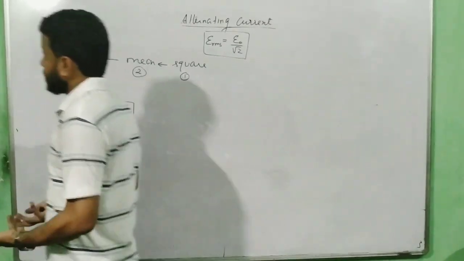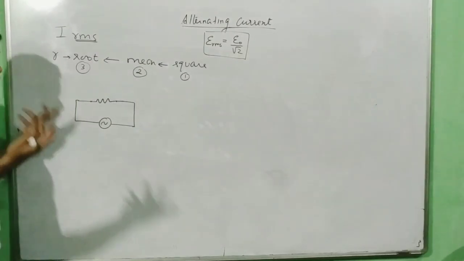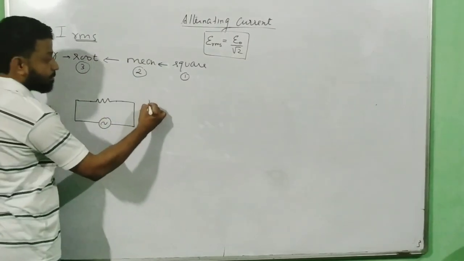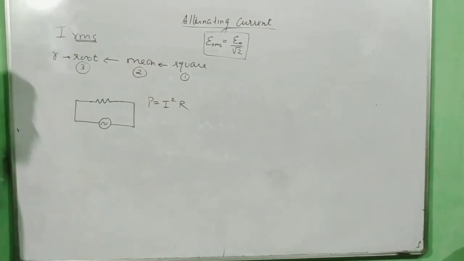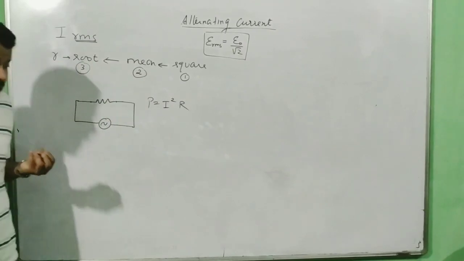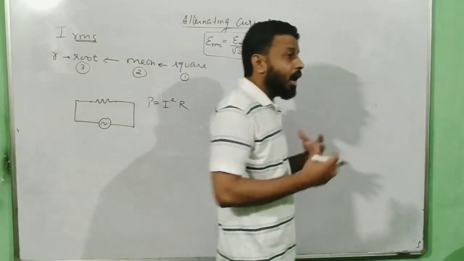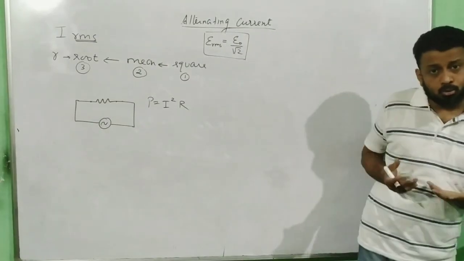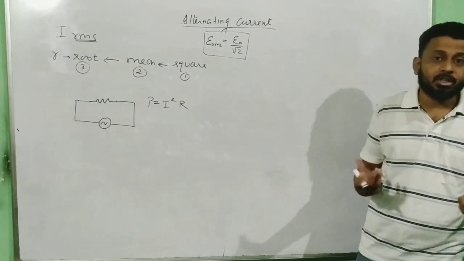So how much it is going to consume, the rate of energy, we call it power. The power formula is I square R. I don't want to find the power at one instant, because when I run an appliance, I run it for a longer time. So I want to know how much it gives as an average value over one cycle.